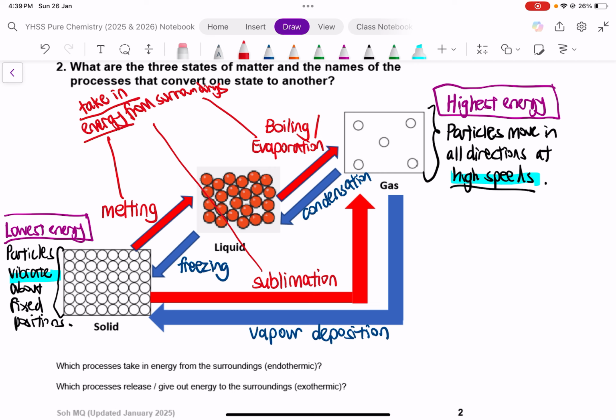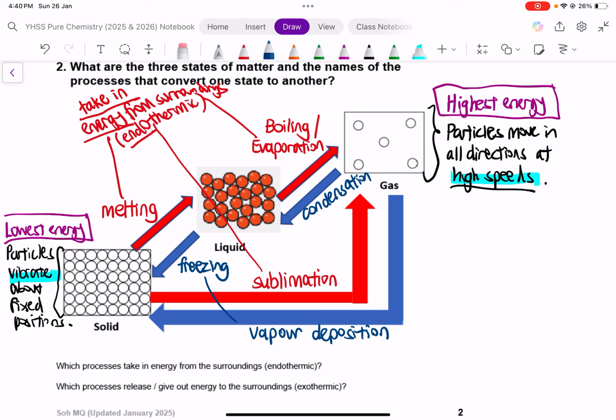Processes that take in energy are described as endothermic. So if you think of the word entrance, enter, in this case, energy is entering, going in from the surroundings to our chemical substance. Such reactions and processes which take in energy from the surroundings are described as endothermic.